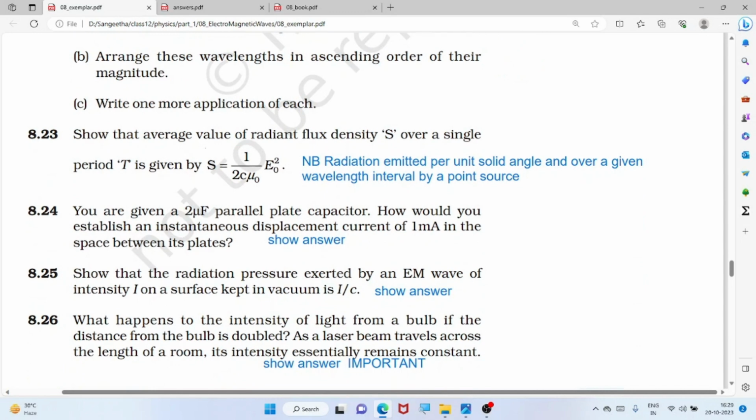So the average value of the radiant flux density over a single period T is given. This is the definition of the radiant flux density: radiation emitted per unit solid angle and over a given wavelength interval by a point source.